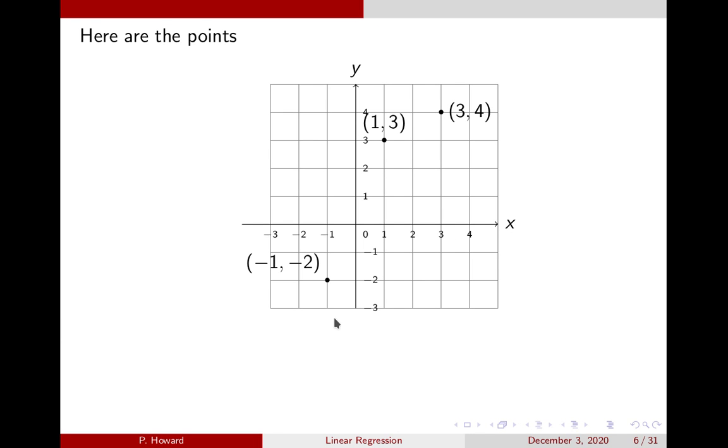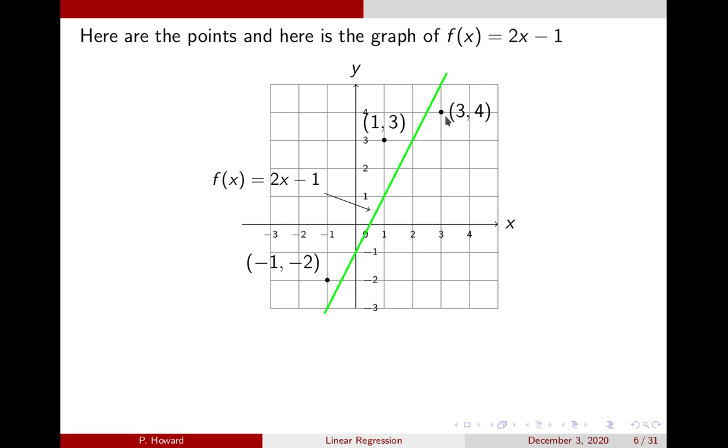So here are the points, (-1, -2), (1, 3), and (3, 4). And here is the graph of the linear function, f of x equals 2x minus 1. And now we want to find some number that measures how well this graph fits the 3 data points.